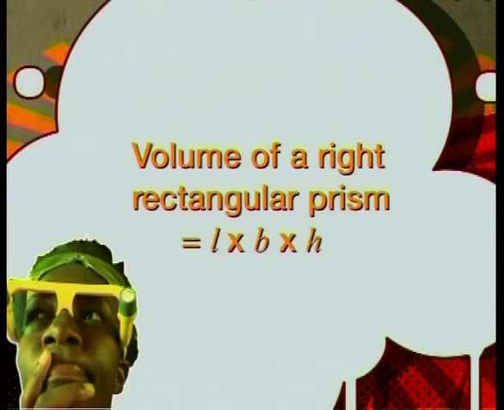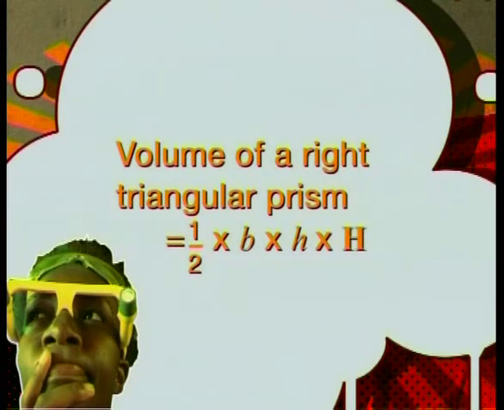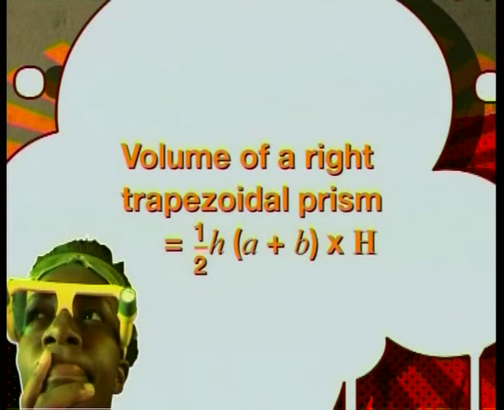Volume of a right rectangular prism is equal to the area of the rectangular base times the height of the prism, which is equal to length times breadth times height. Volume of a right triangular prism is equal to the area of the triangular base times the height of the prism, which is equal to half base times height times the height of the prism.